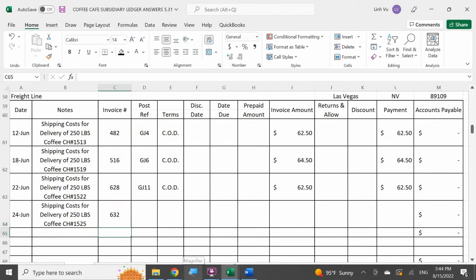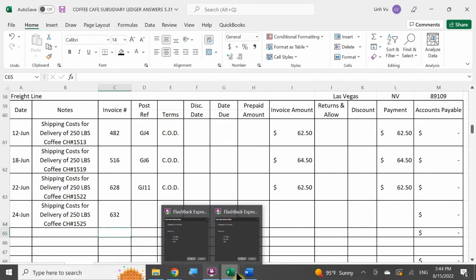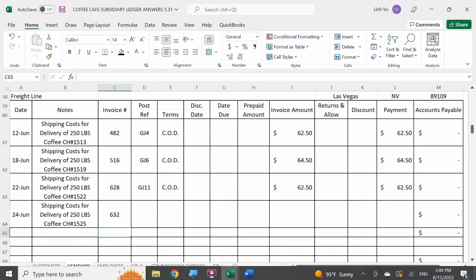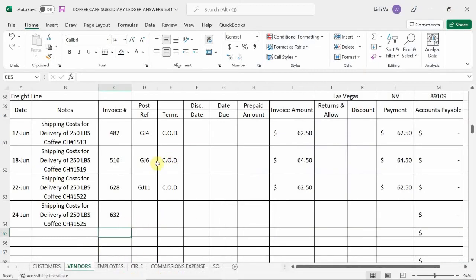I don't remember, there we go, okay, and page 14, COD 62.50, invoice amount and payment.